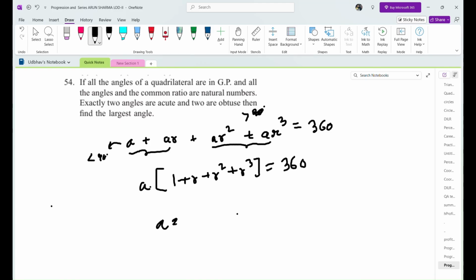We can guess a equals 24. If a is 24, then r will be 2, and the angles are 24, 48, 96, 192. Largest angle will be 192.